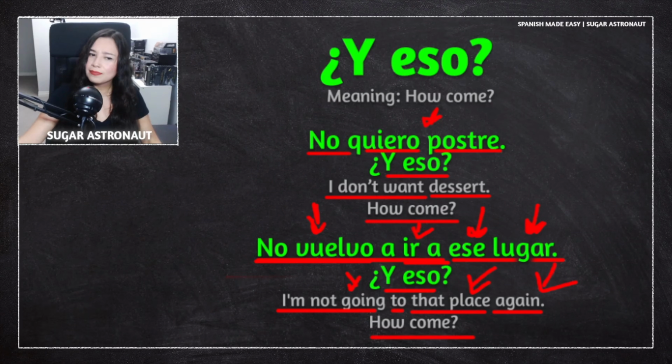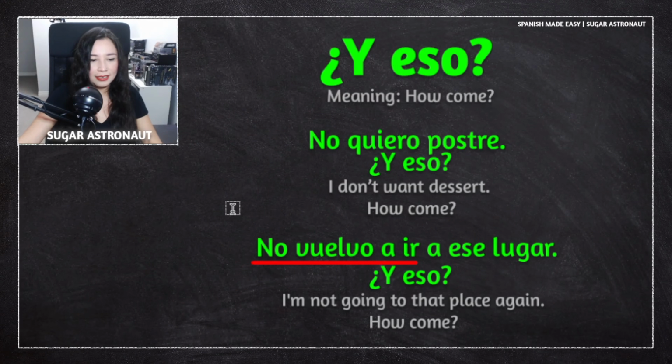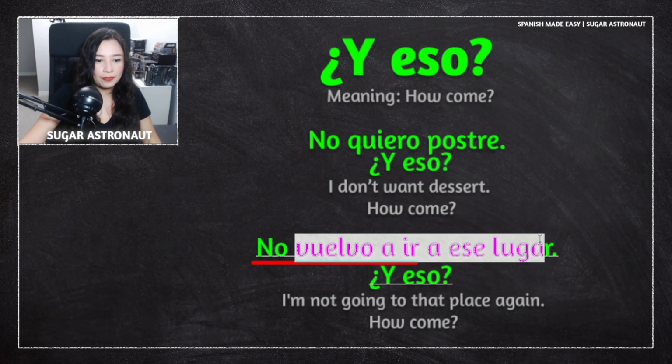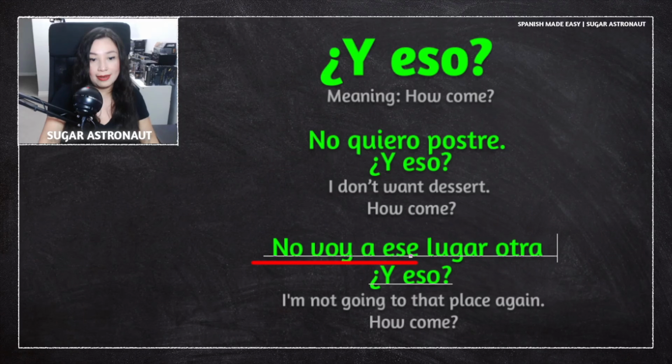So this whole thing, I know it can be confusing. No vuelvo a ir. That can be simplified if you want to simplify it. But this is a more advanced way to say it. You could say, no voy a ese lugar otra vez.